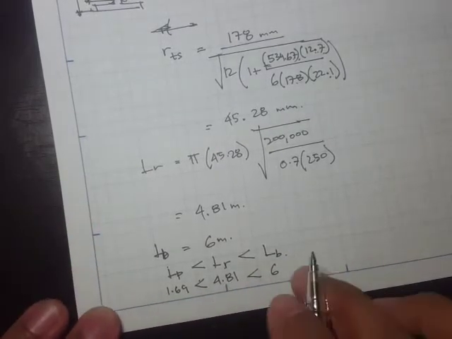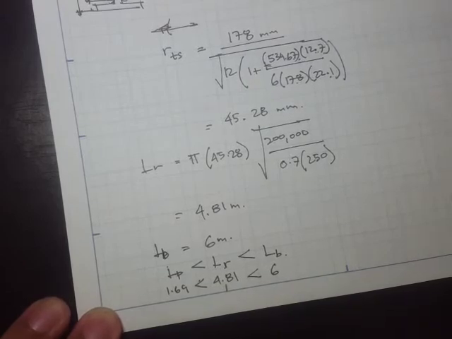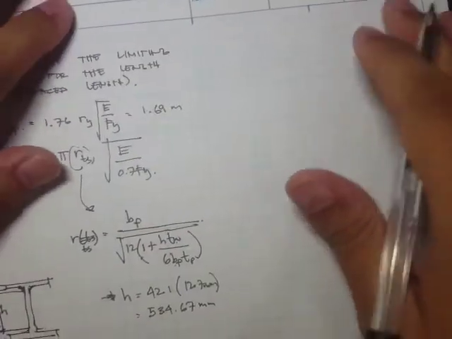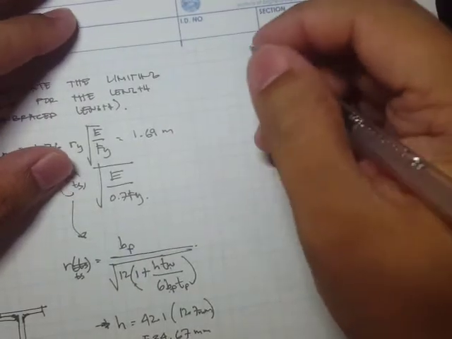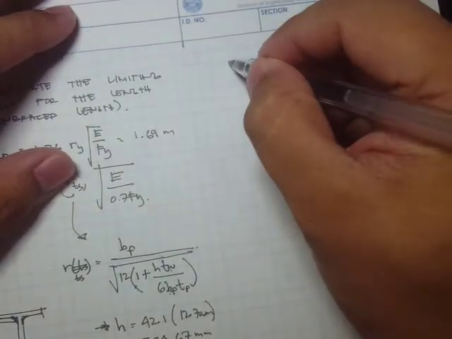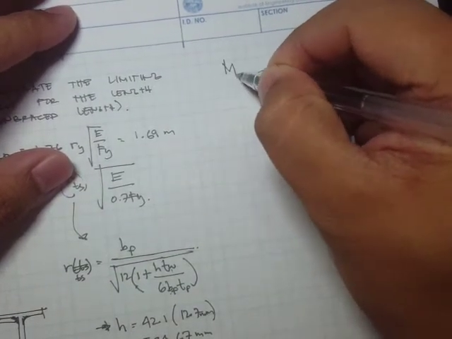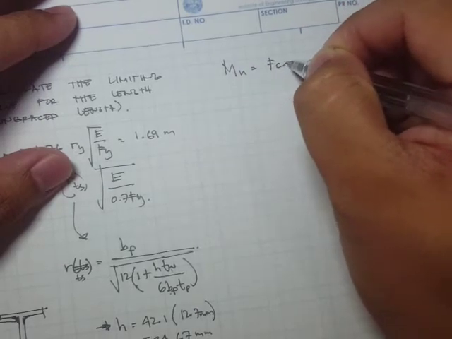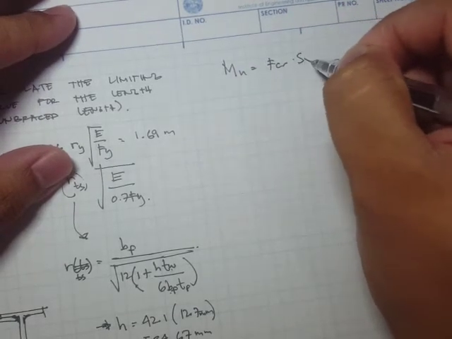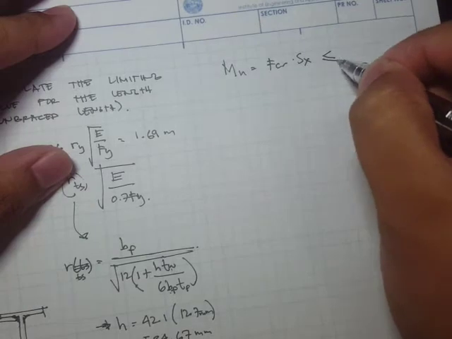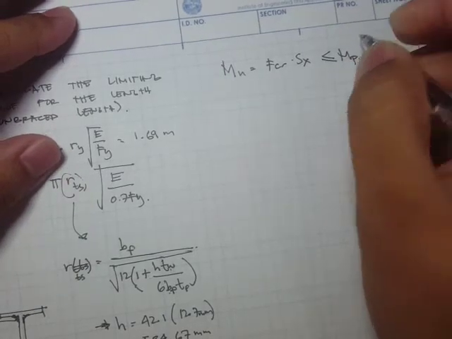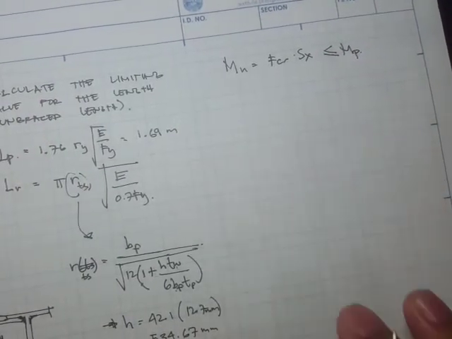Okay, so if this is the case, then our equation for the nominal moment capacity based on lateral torsional buckling is M sub n equal to Fcr times the section modulus, but it should be less than our plastic moment capacity.